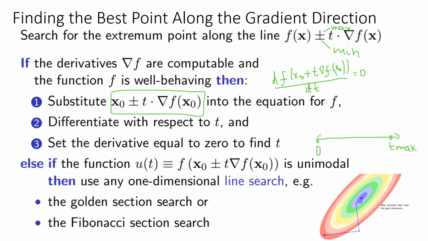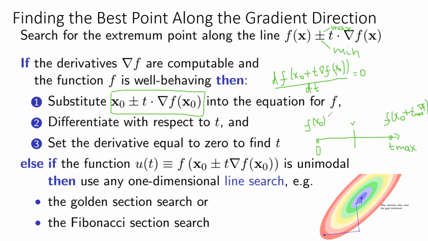Then let's find the best value of t. When we substitute 0 instead of t, it's just the value of f at point x0. For t max, we already know it is x0 plus t max multiplied by the gradient of f. So we know those values. Now we can find where the best value is. We can, for example, divide the interval by half, find the value here, and then look.